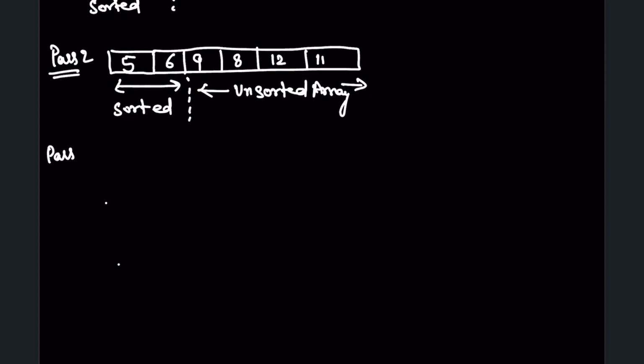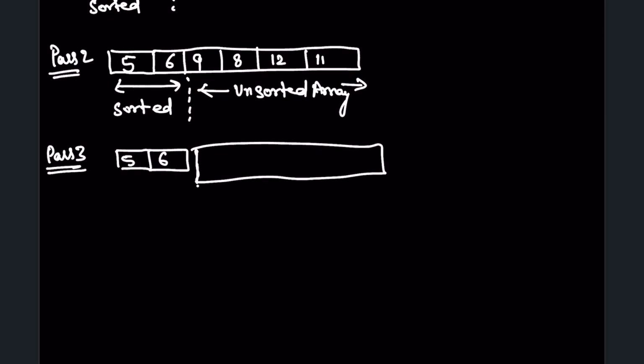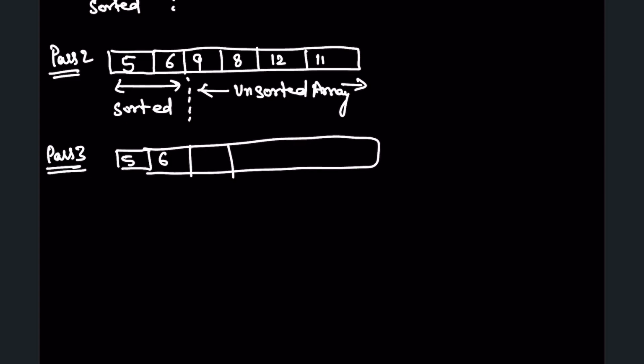Now in the third pass we will again apply the linear search and move the minimal element to the first position of the unsorted part, and the element which was at the first position goes to the position of that minimal element. Now we have 9, 12 and 11.